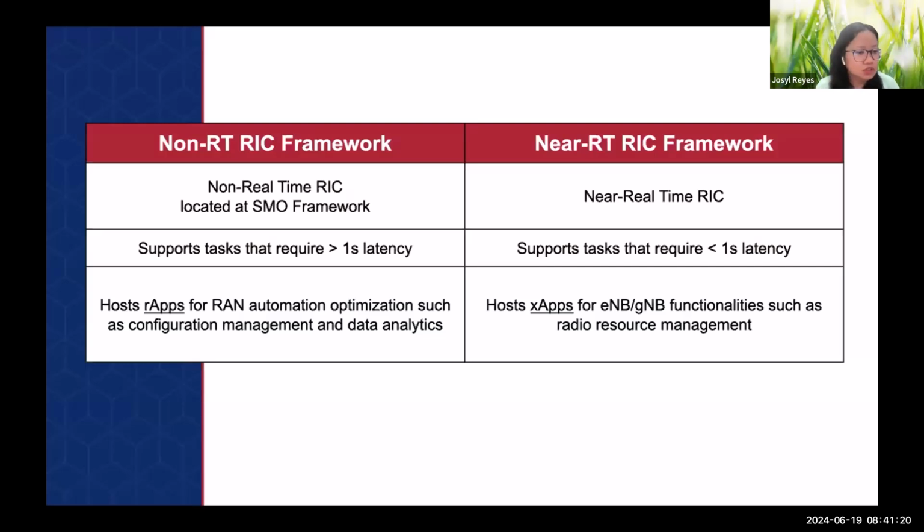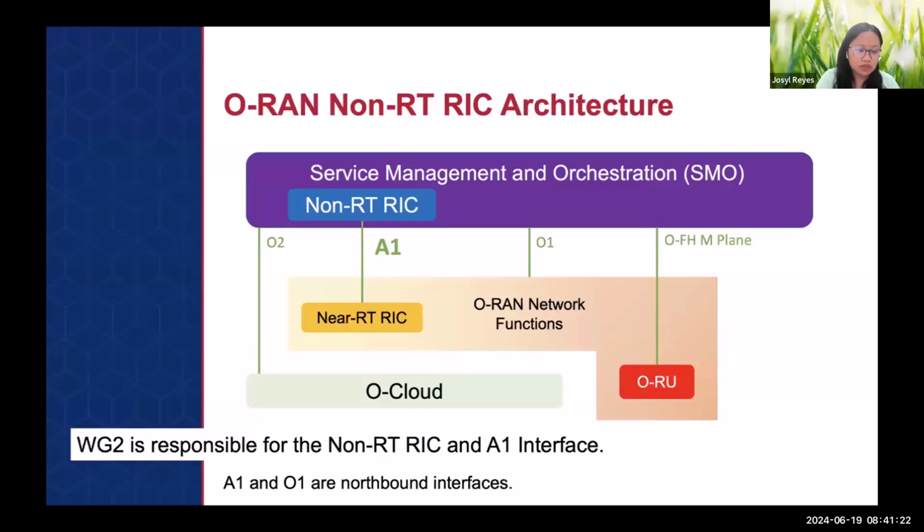Okay, another way of viewing the O-RAN architecture is this. But essentially, as you can see, it's similar. All the components are still there. We have the SMO, and in the SMO, we have the non-real-time RIC connecting to the near real-time RIC via the A1 interface.